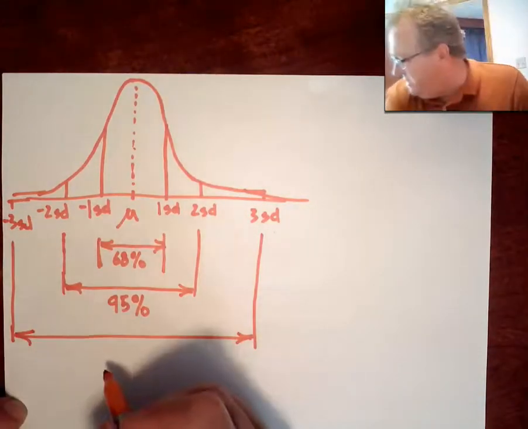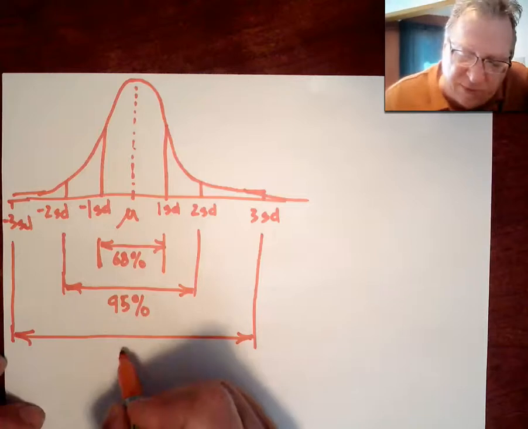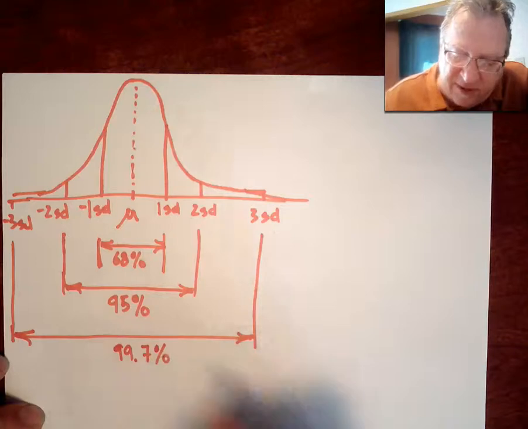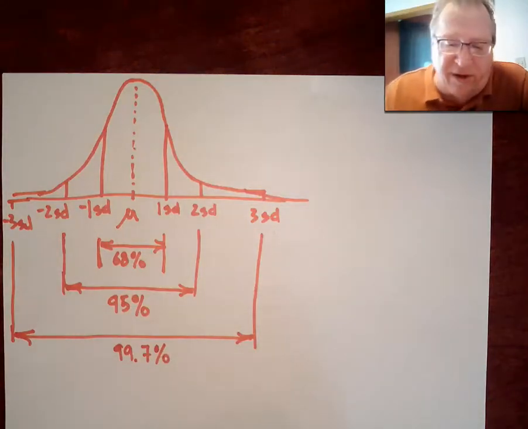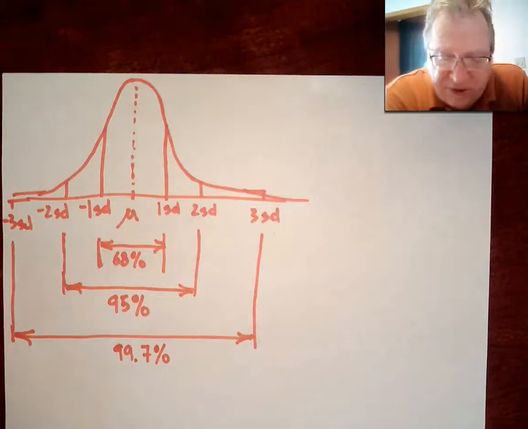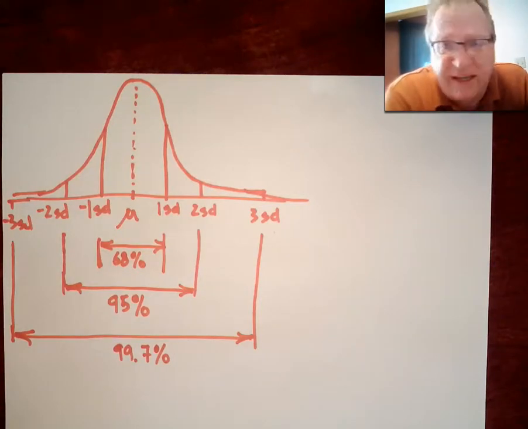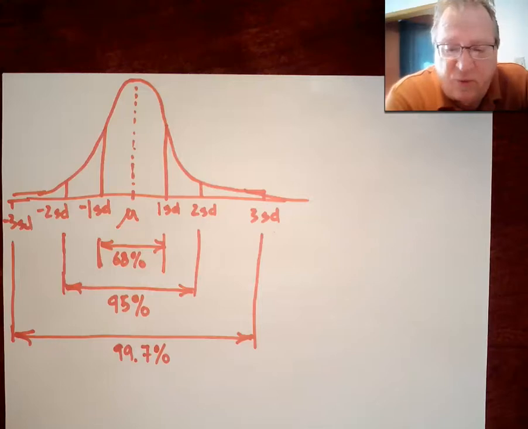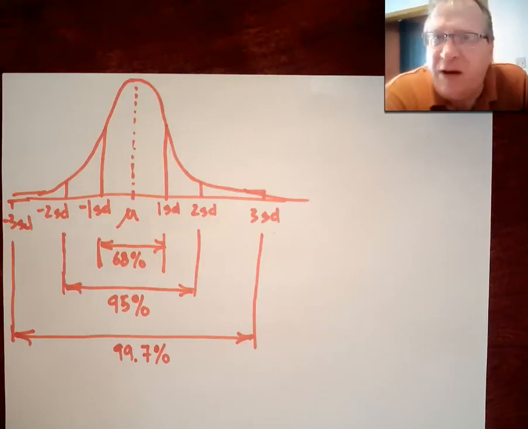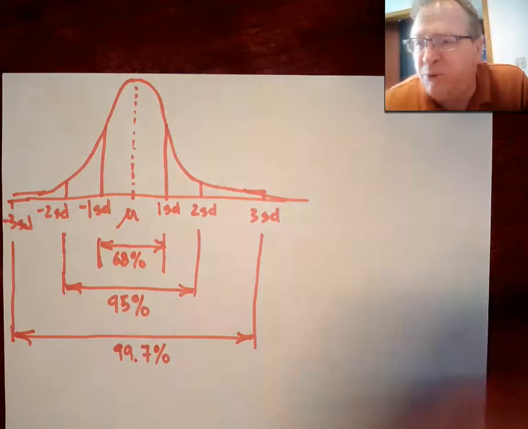We find that that area is equal to 99.7% of the area underneath the curve. Knowing those figures, 68, 95, 99.7, and that they represent 1, 2, and 3 standard deviations away from the mean, allows us to do some very interesting problems.